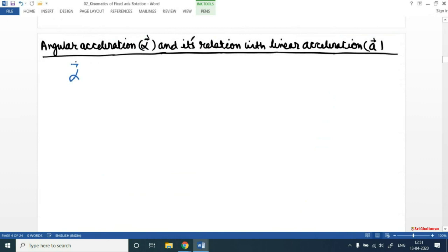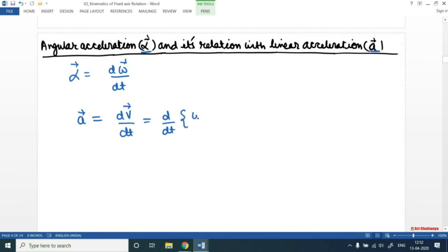The angular acceleration alpha is defined as the rate of change of angular velocity, d omega by dt. So now we are interested in finding out the relationship between alpha and a. Here a is basically dv by dt, and just now we have established a relationship for v.